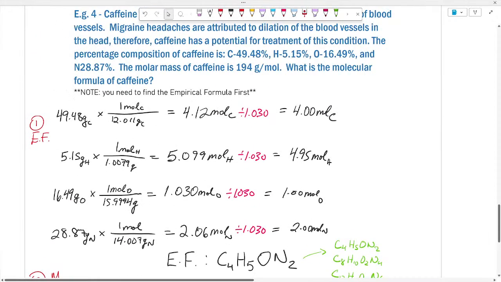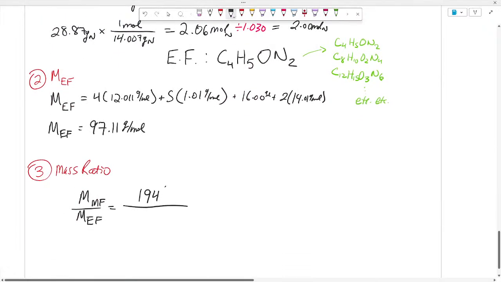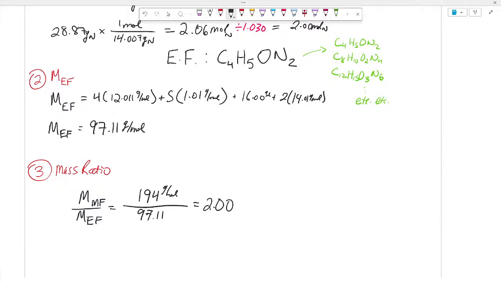I gave it in the question. Oh, just 194. Great. And we're dividing that by 97.11. And obviously, we're only going to get 3 sig figs here, and that's going to be 2.00? 1.99. There we go.